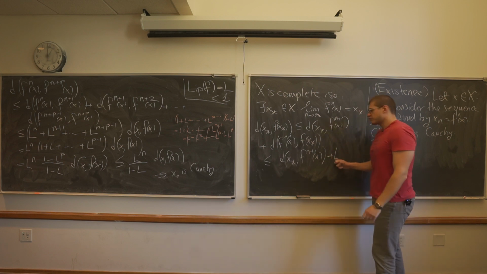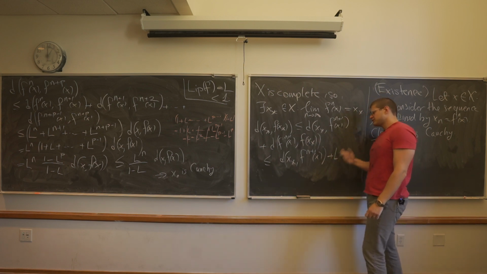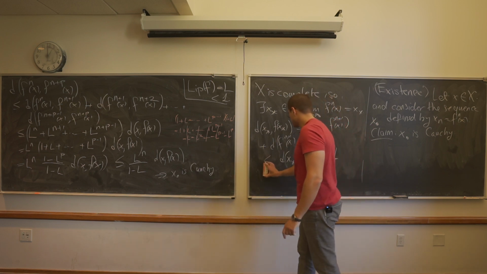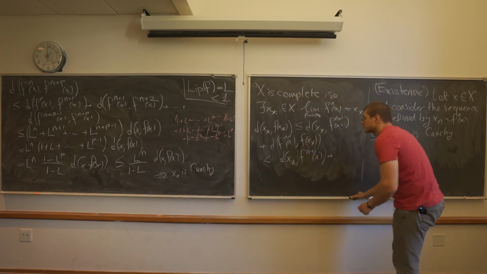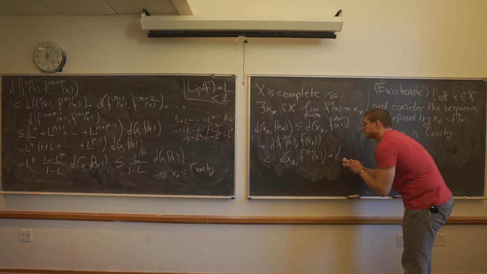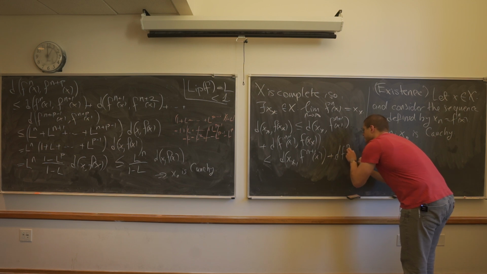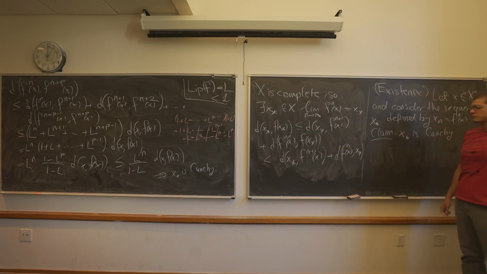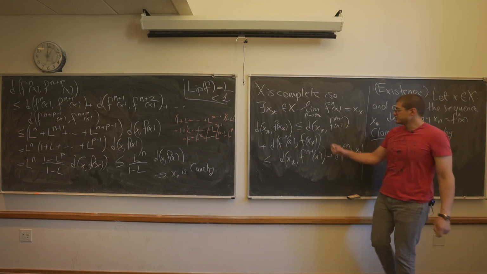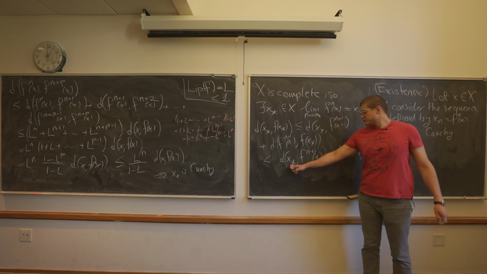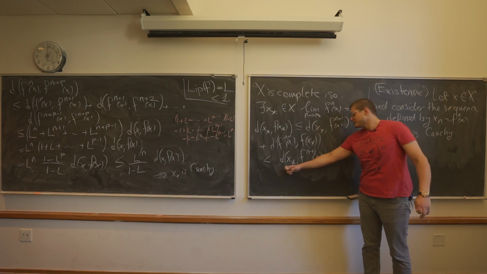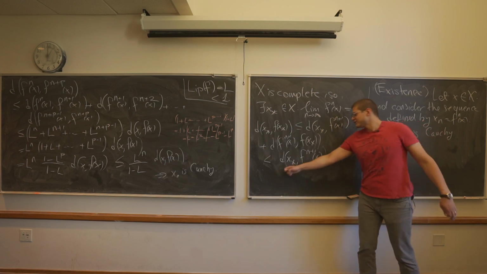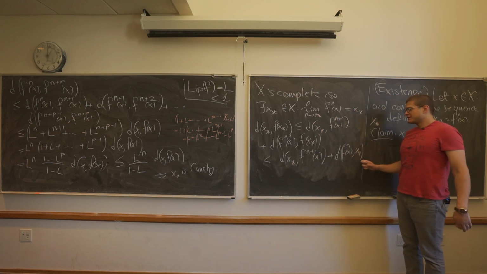Of course, if I were to delete this L, it would increase. So let me just write it like so. d of f to the n of x comma x star. But then I said that this sequence converges to this point, which means that there is some n such that after that n, this is bounded by epsilon over 2, and likewise this.